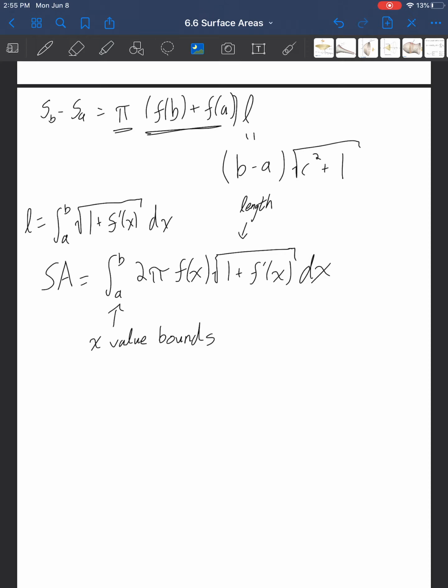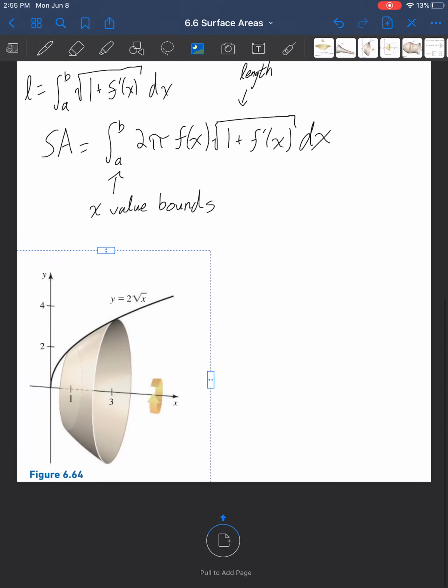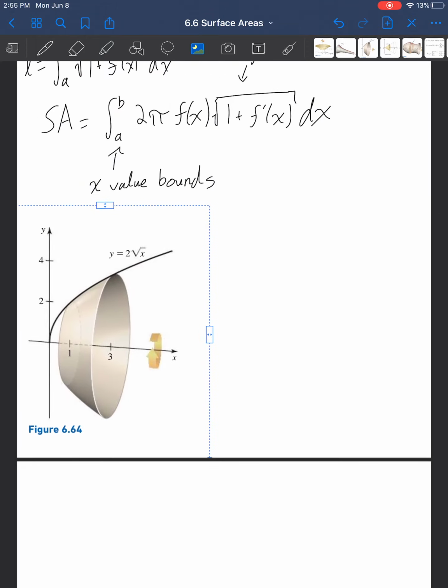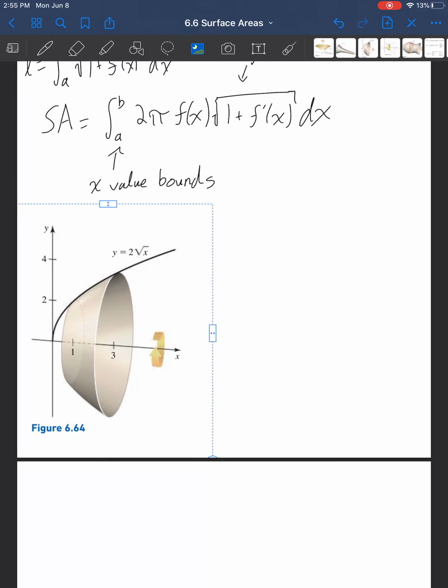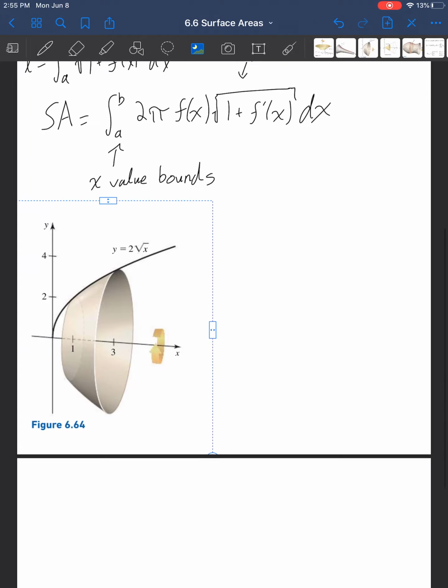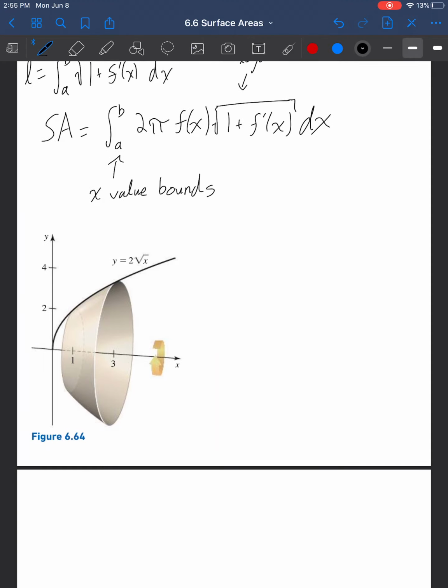Now let's do some examples for how we can actually figure out these surface areas. The first example, which is an example from the textbook, is figuring out the surface area of this section, 2 times the square root of x, from 1 to 3. So in this case, our leftmost x value is going to be 1. So our a is 1, b is 3, and f of x equals 2 square roots of x.